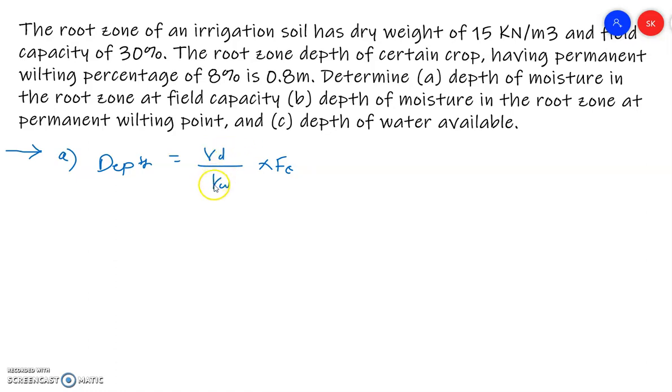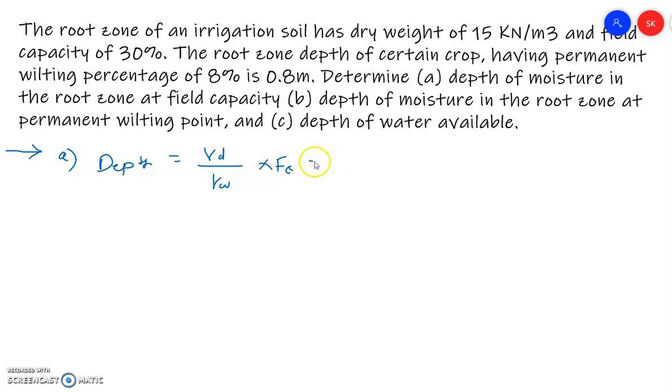If we divide it by the unit weight of the water, this is nothing but the specific gravity, and if we multiply this specific gravity with the field capacity, which is in percentage, then we will get the depth, and that depth we will get per meter, or meter per meter also we can say.